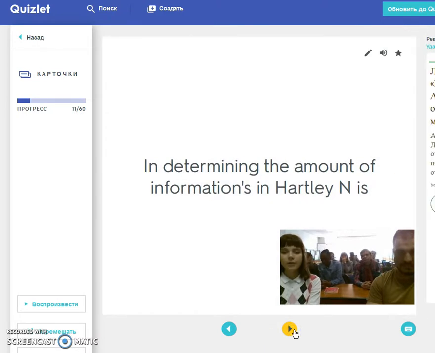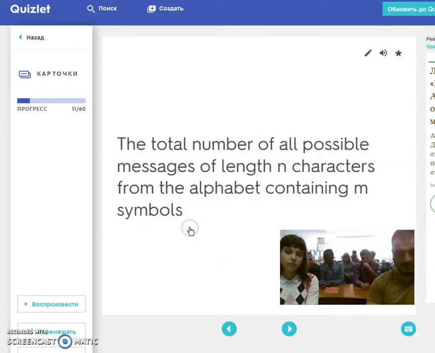In determining the amount of information in Hartley, capital N is the total number of all possible messages of length n characters from the alphabet containing m symbols.